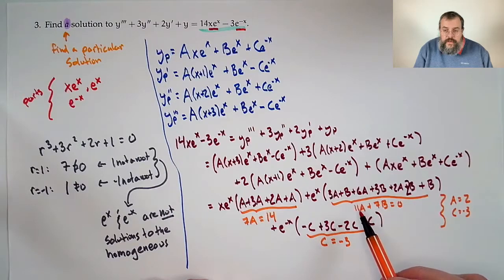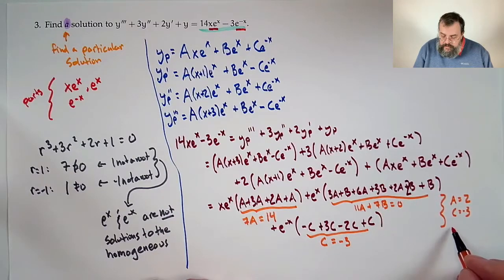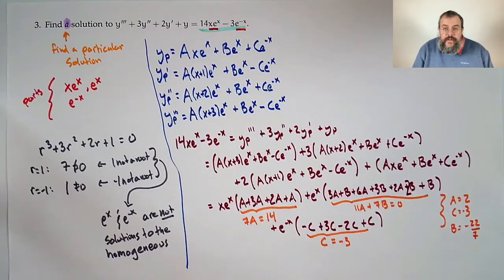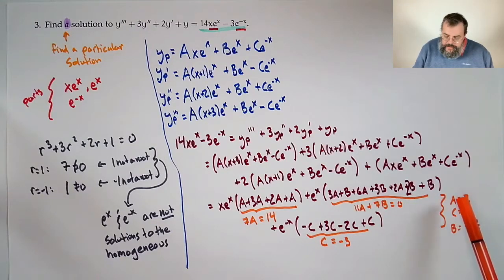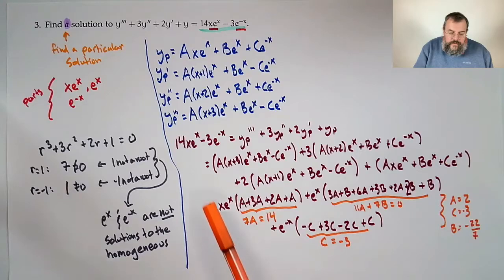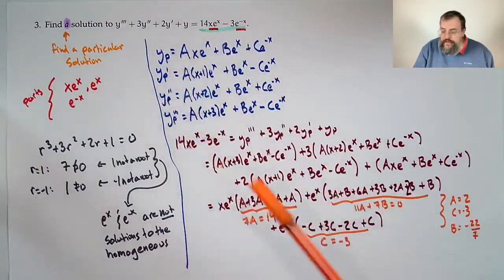And now, well, a equals 2. That's 22. Move it across, divide. B would be minus 22 over 7. All right, well, good, good. Now, we have our coefficients for A, B, C, and we know our particular solution has that form.